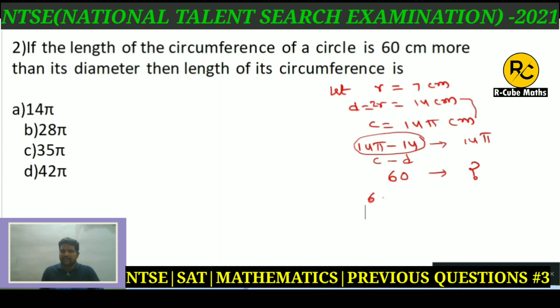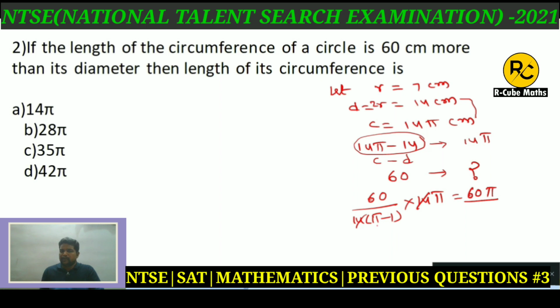So 60 out of 14 common, 14 into pi minus 1 into 14 pi, so 14 will be cancelled. So we get 60 upon pi, where pi means 22 by 7.